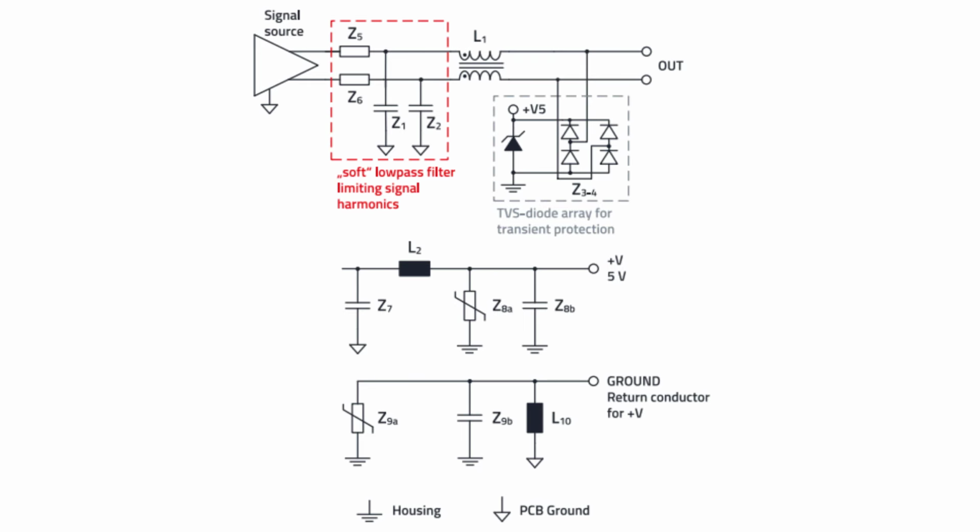To properly handle transient currents, consider the minimum rated current, the IR, of components such as L2 and the surface mount ferrite, our Z9. L2, Z7, and Z8 are used for low cutoff frequency filtering, typically less than 1 megahertz. Our L2 should be a surface mount ferrite bead, and these are used for low cutoff frequency. Ensure the choke has an appropriate minimum rated current.